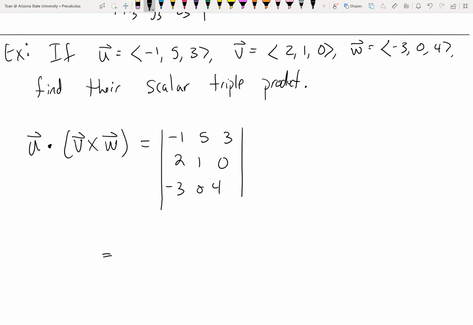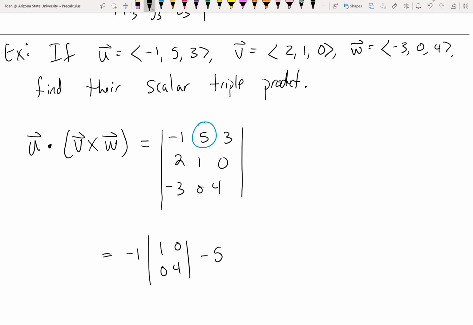I'm going to expand along row 1, just like what we did. Instead of i, j, k, we have actual numbers. So we use the actual number, -1, and then, crisscross, you delete the row and column. So you have 1, 0, 0, 4. It's always going to be a minus this number, so -5.